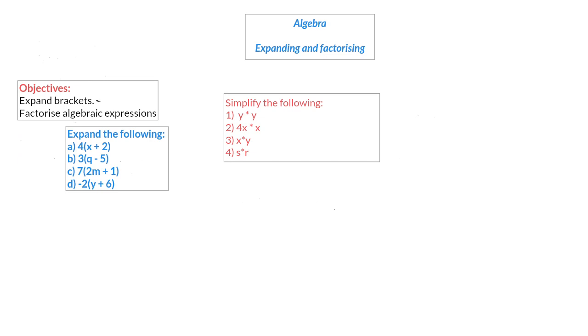To expand a bracket, listen to that. To expand a bracket, you have to multiply each term or each number inside the bracket by the term or number outside the bracket.